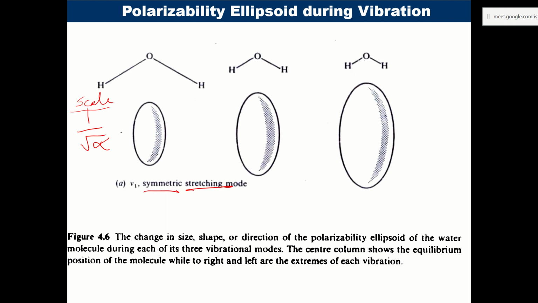Okay, so because of that, and when it is in the normal situation under equilibrium, the mean position, you have the shape is the same but it has become larger, and then when it is compressed the ellipsoid is the largest in the symmetric setting. So least polarizable. During the vibration the polarizability is changing continuously from left to right on your screen.